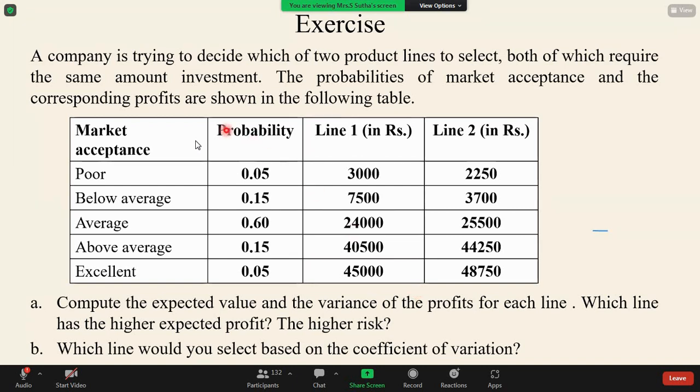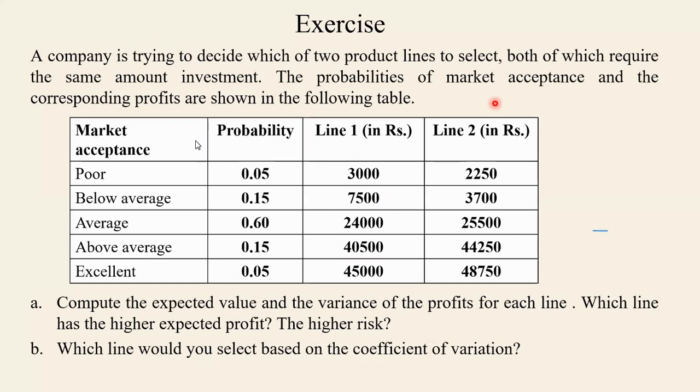Anyway, there are some probabilities of the market acceptance, right? They rank the market acceptance as poor, below average, average, above average, and excellent, and there are corresponding probabilities for each and every line.